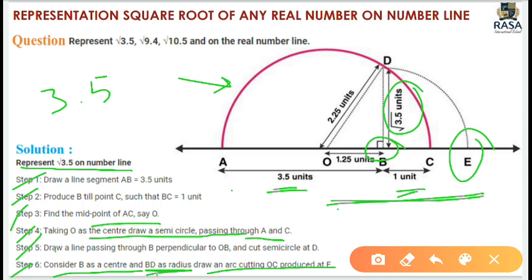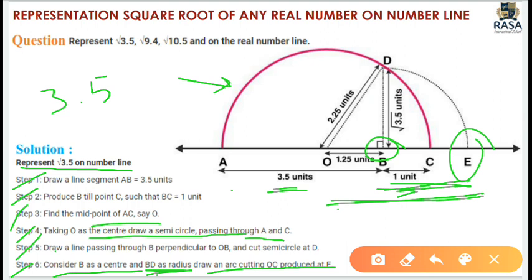Here you have to know that this BD line which has been drawn is root 3.5, and on the number line we have shown it with the length BE. So let us see how this BD comes to be root 3.5.